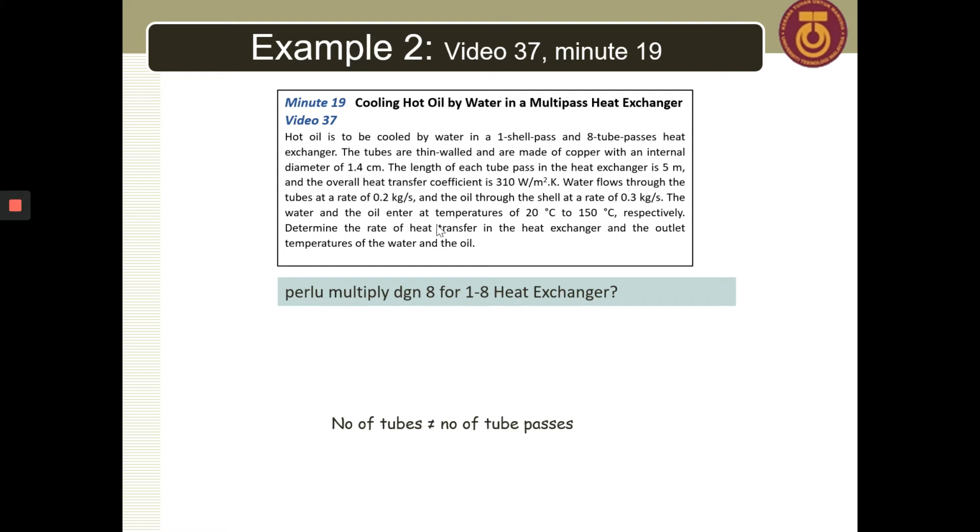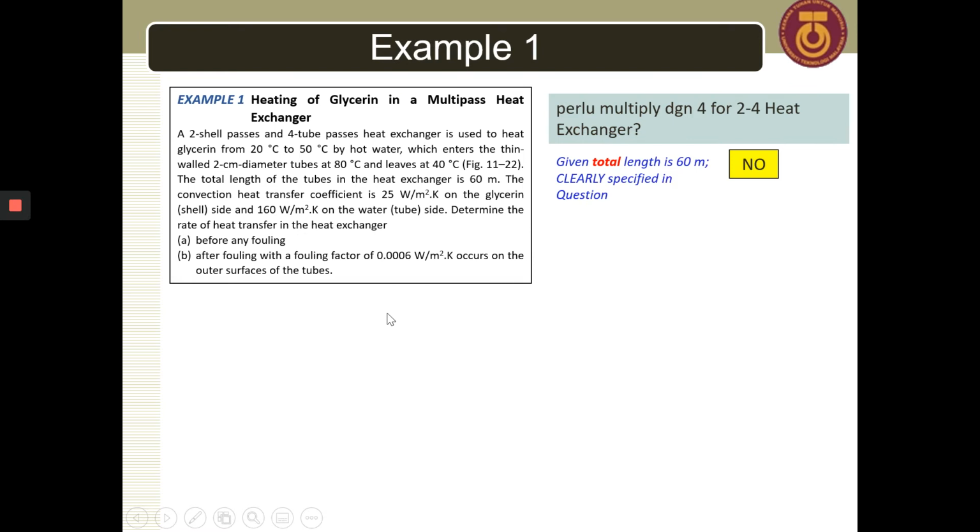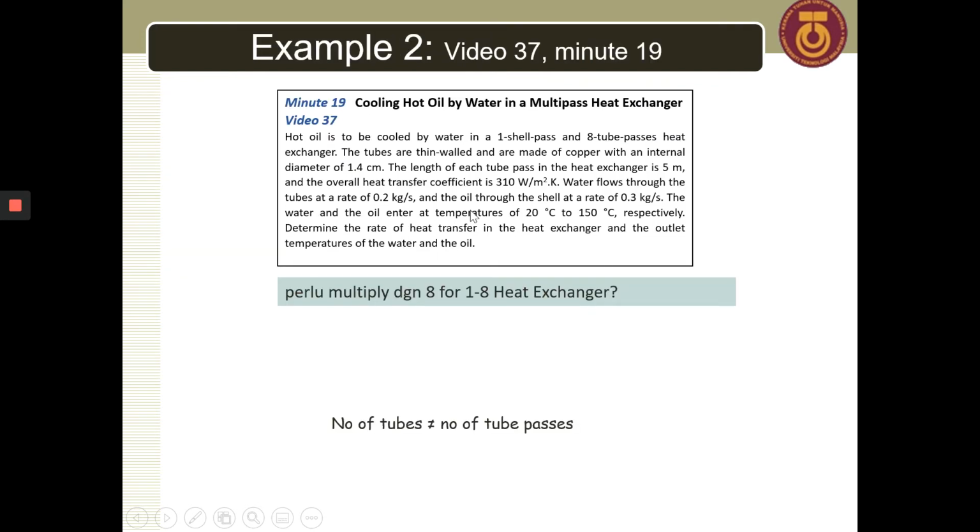If you compare this with the previous example 1, there you don't need to multiply the answer by the length because the given length is the total length.